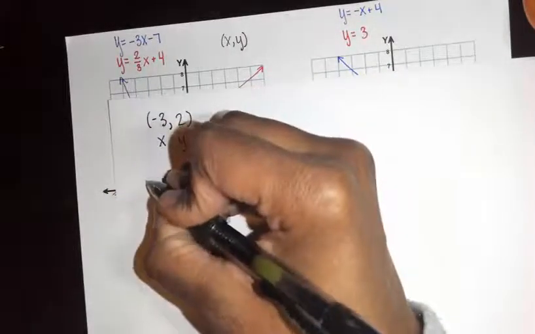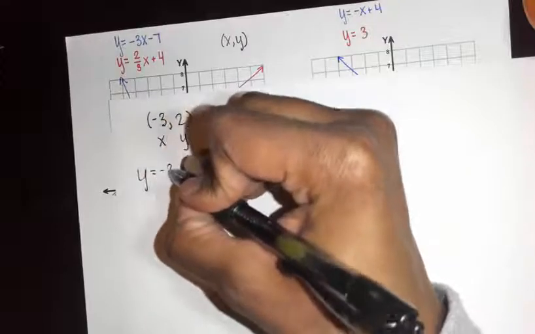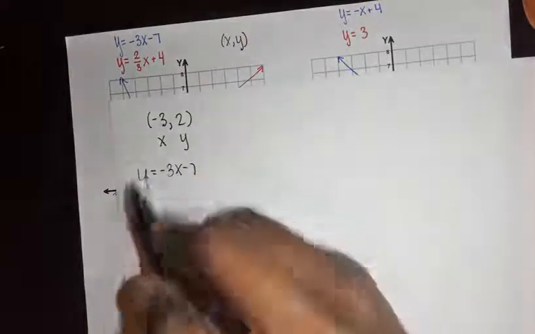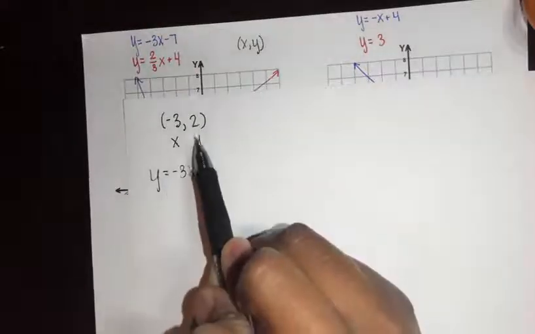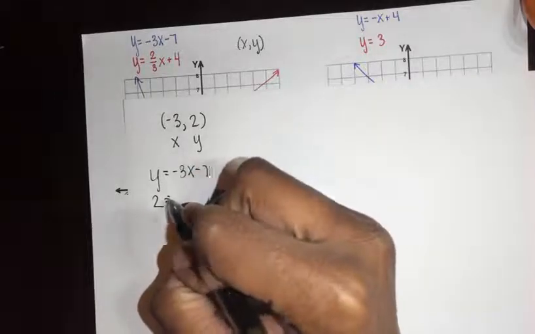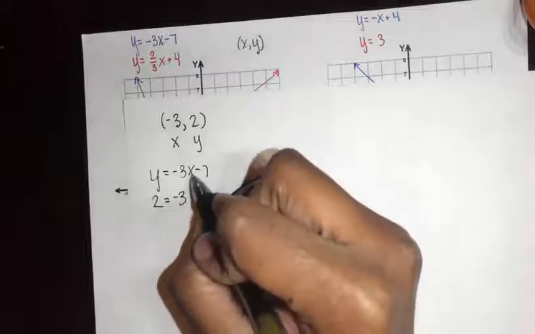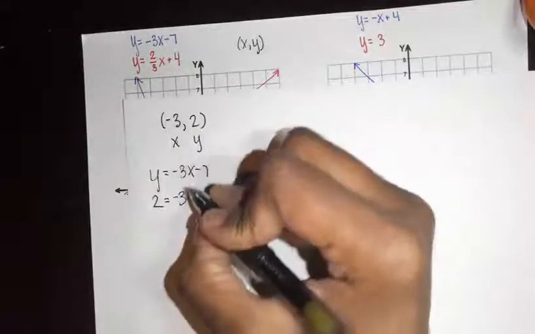So that's going to be y equals, I'm going to start with the first one, y equals negative 3x minus 7. So my y is 2. So I'm going to replace y with 2. And then I still have negative 3x, but my x is negative 3.